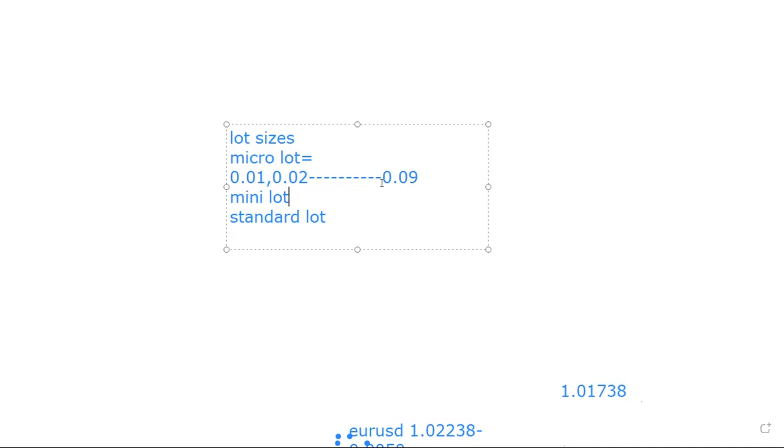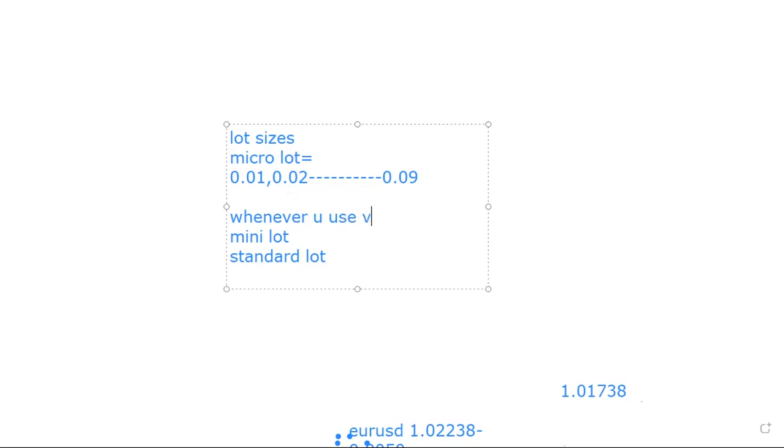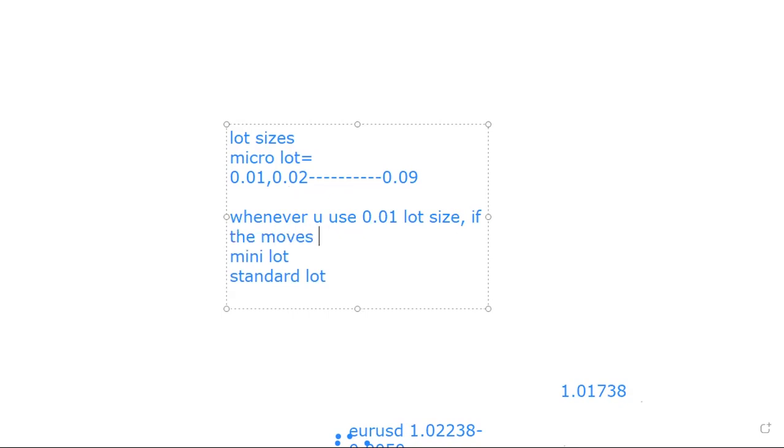Okay, so now let me do an example under this micro lot. So the next line, right? Whenever you use 0.01 lot size, if the market moves 10 pips, remember market move is measured in pips.